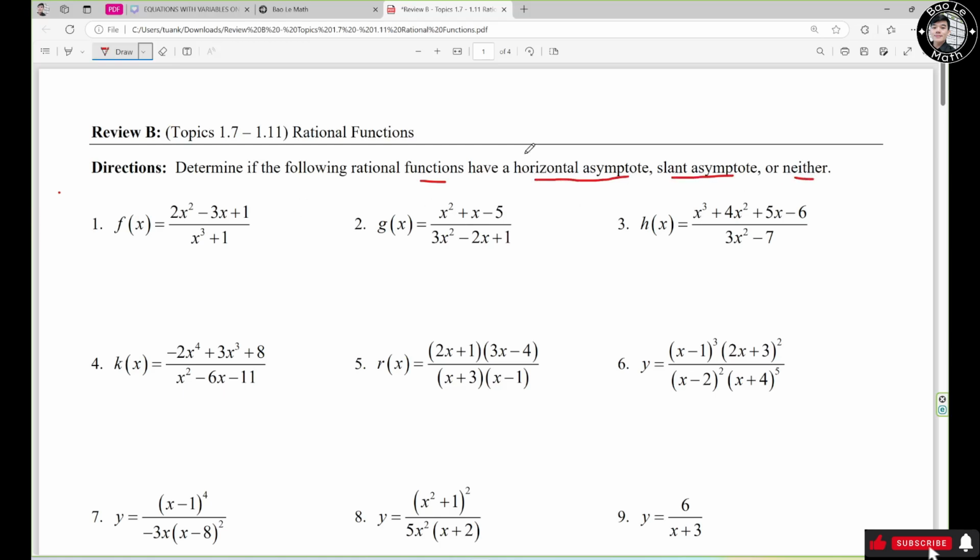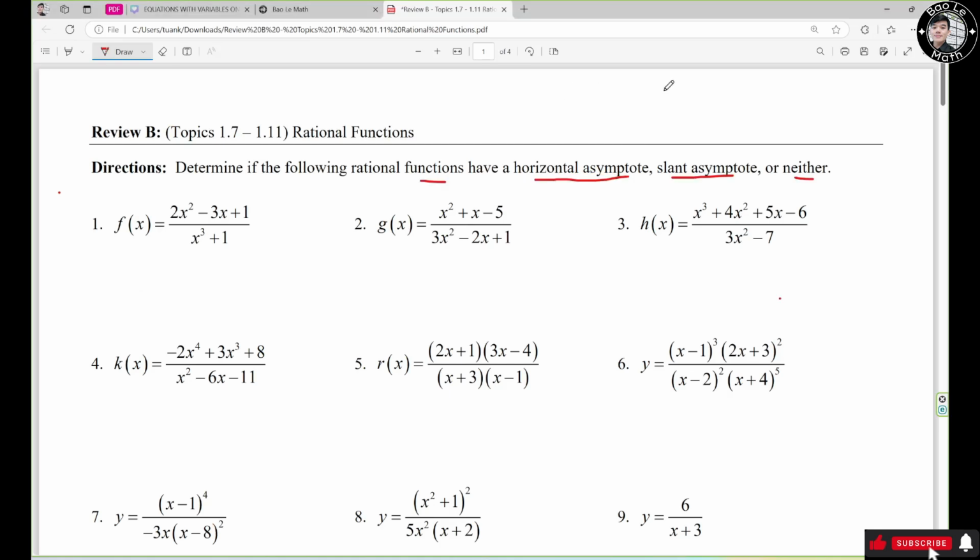Now we need to review a little bit about the horizontal asymptote. If the degree of the numerator is less than the degree of the denominator, we have the horizontal asymptote y equals 0. If the degree of the numerator equals the degree of the denominator, we have the horizontal asymptote, which is the quotient of the leading coefficient of the leading term in the numerator over the leading coefficient of the leading term in the denominator.